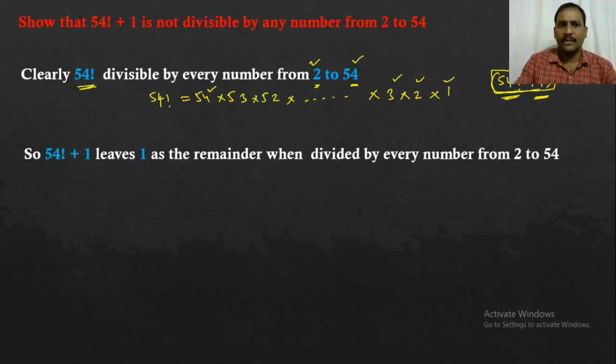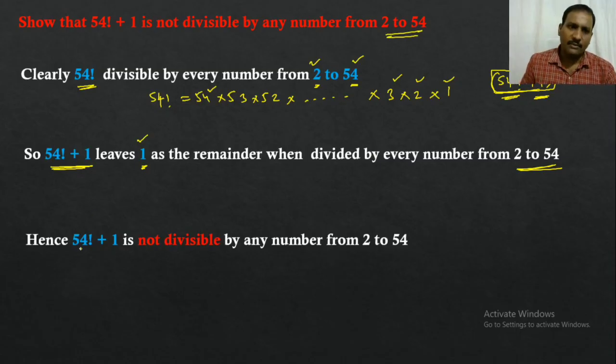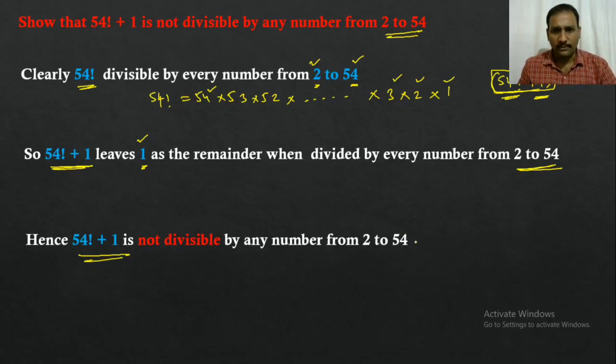So 54! + 1 leaves 1 as the remainder when divided by every number from 2 to 54. When it is leaving a remainder, it is not divisible by the numbers from 2 to 54. Hence, 54! + 1 is not divisible by any number from 2 to 54. Hence the proof.